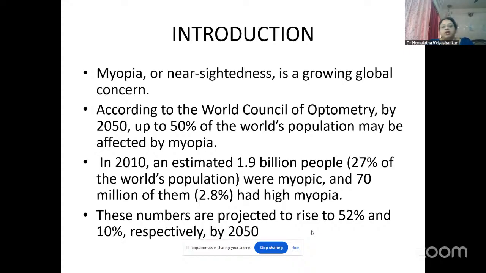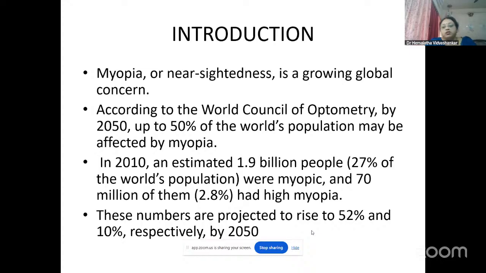At that time, it was 27%. By 2050, we believe that 52% of world population would be affected by myopia. And the concern is that in 2010, 70 million, that is 2.8% of these people affected with myopia, had high myopia. But we are projecting that this high myopia will also increase considerably in the coming years.